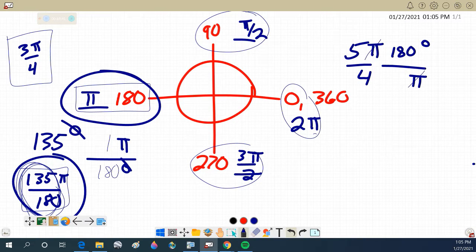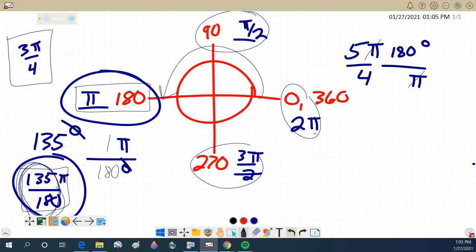So from here to here is a full pi. So what quadrant would 3/4 of a pi land in? 2. Not 3/4 of the circle, 3/4 of pi, which means 3/4 of the top half. It would be right in the middle of quadrant 2.